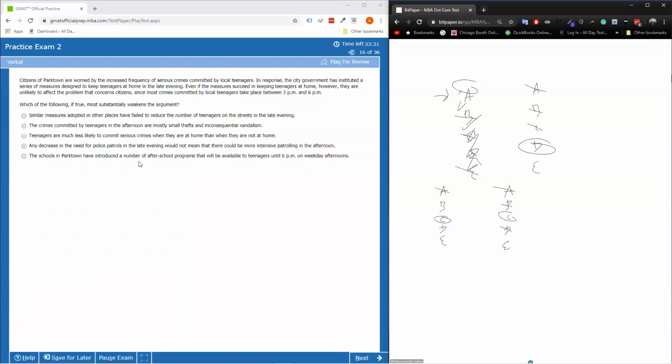I sort of think that doesn't matter because you don't know that the after school programs will work necessarily. I'm going to say C, but I'm not sure.